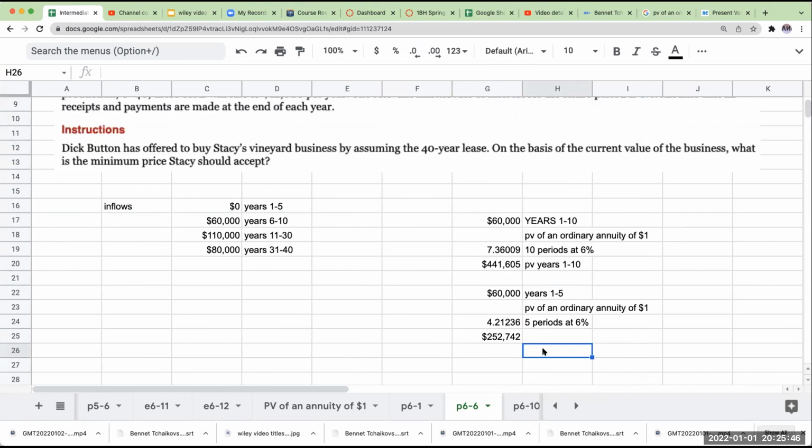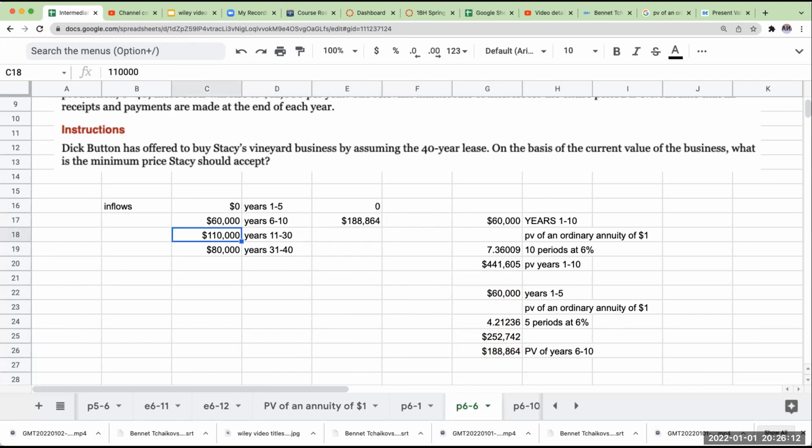So the present value of years 6 through 10 is going to be 441 minus 252, or 188,864. So this value here is 188,864. Okay, let's go to the next one.